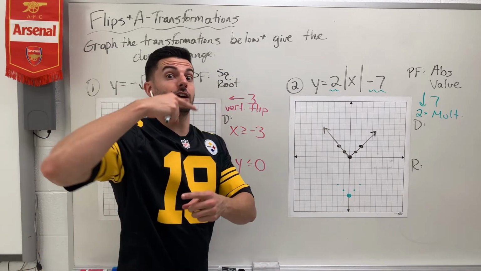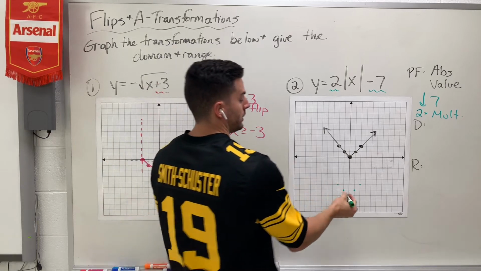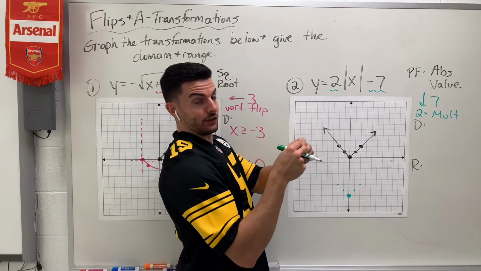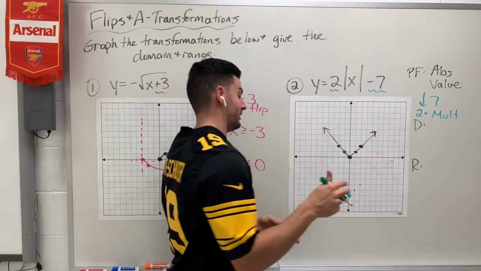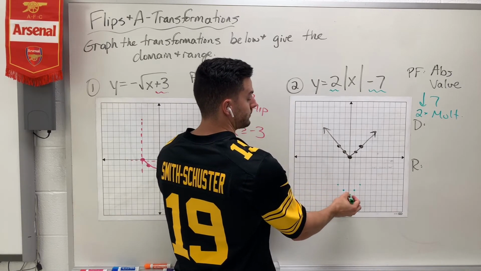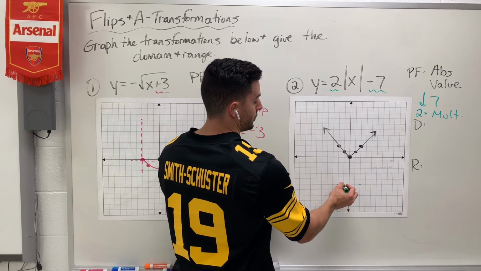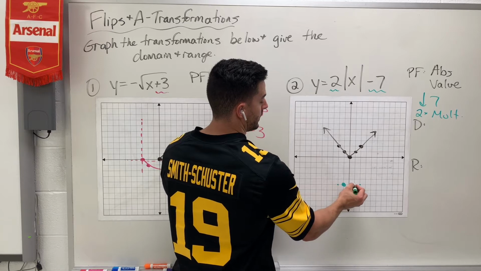And then you're doubling that distance, okay? It's only doubling the vertical distance; the horizontal distance, the side to side, stays the same, okay? So instead of moving up 1 and over 1 to both sides, I'm going to move up 2 and over 1 to both sides.